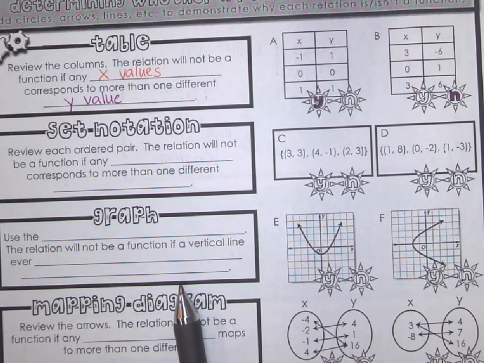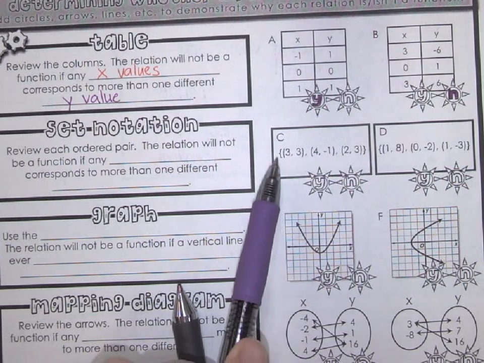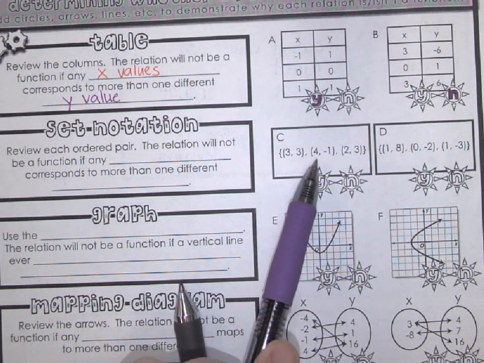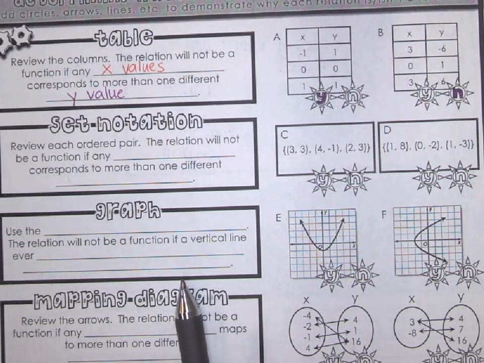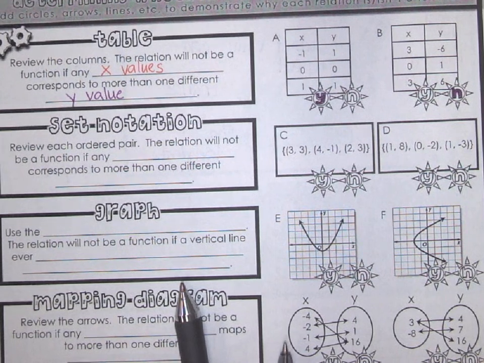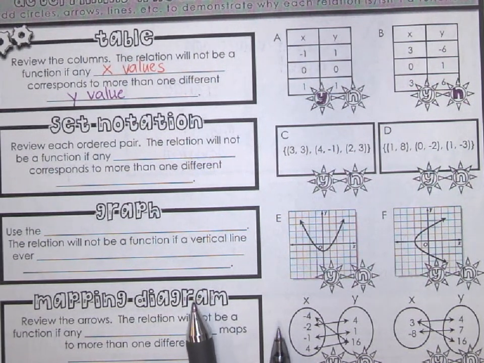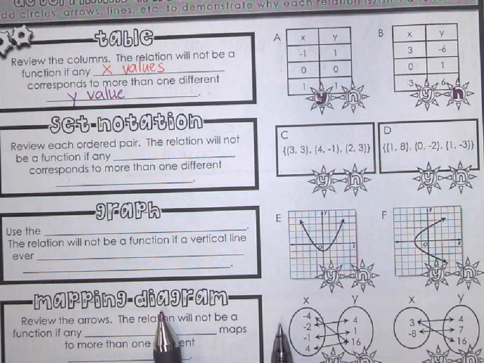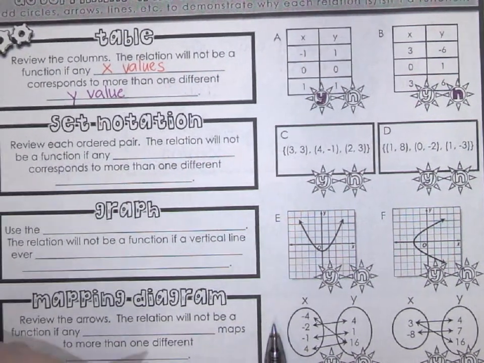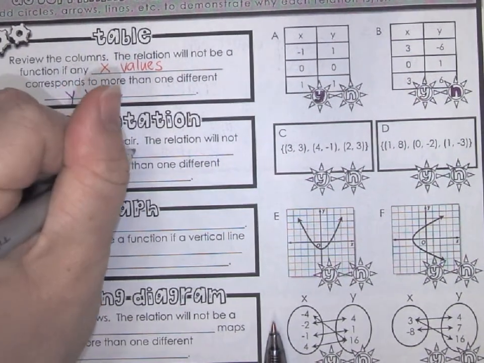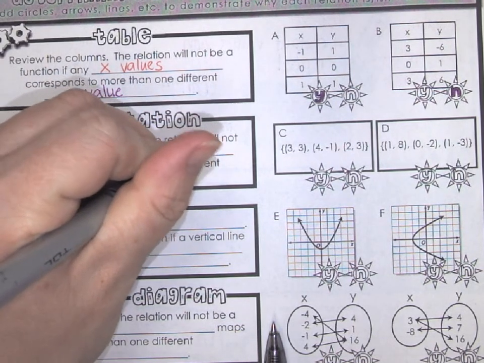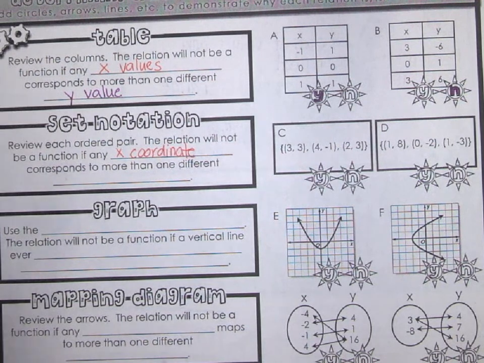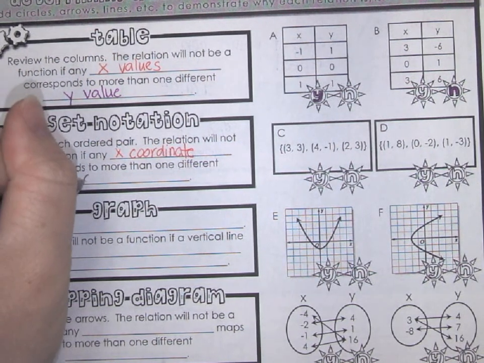Set notation is when you use brackets and parentheses and points are separated by commas. It's really important that you use your parentheses and your commas when writing answers in set notation. Here, review the ordered pairs. The relation will not be a function, again, if any x coordinate, when it's written as an ordered pair, we refer to it as an x coordinate, corresponds to more than one different y coordinate.